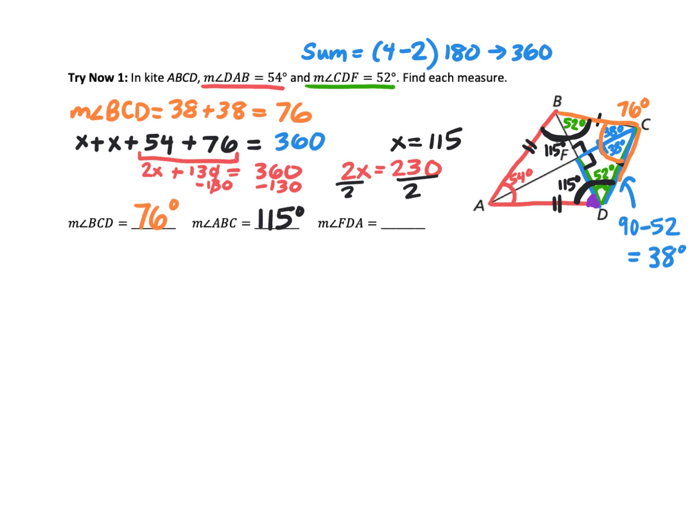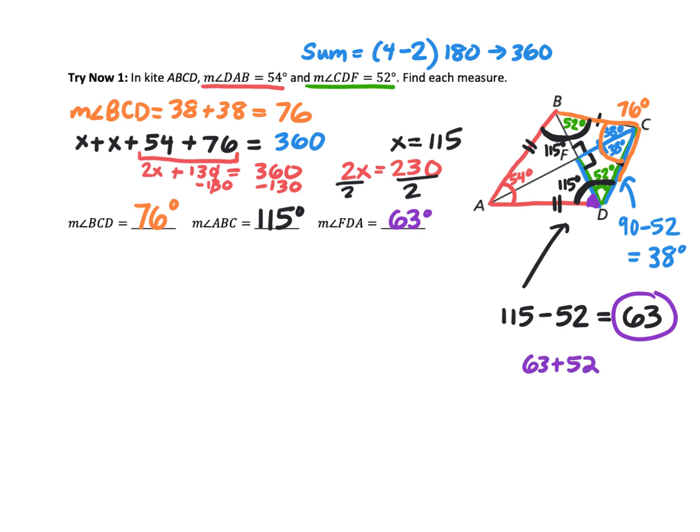So if I look at this kind of visually, and I really love my colors here, the 115, if we subtract the 52 from that, that's going to be equal to 63. So this little purple angle here has to be 63. That way, if I put the 63 and the 52 together, notice how those add back up to the 115, which is that full angle that I've marked here in black.